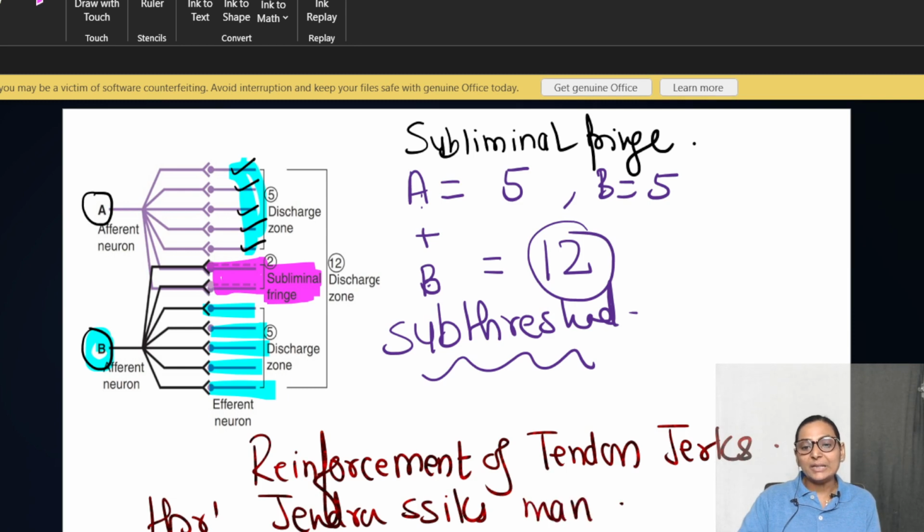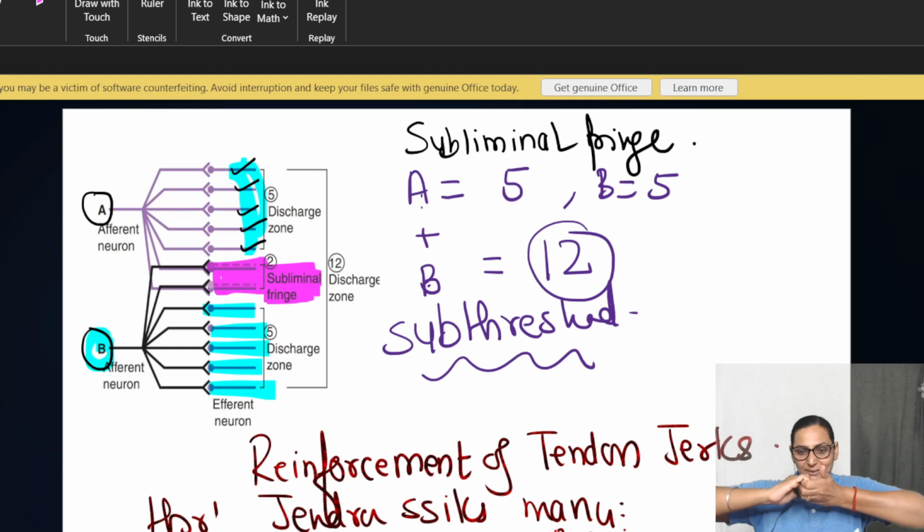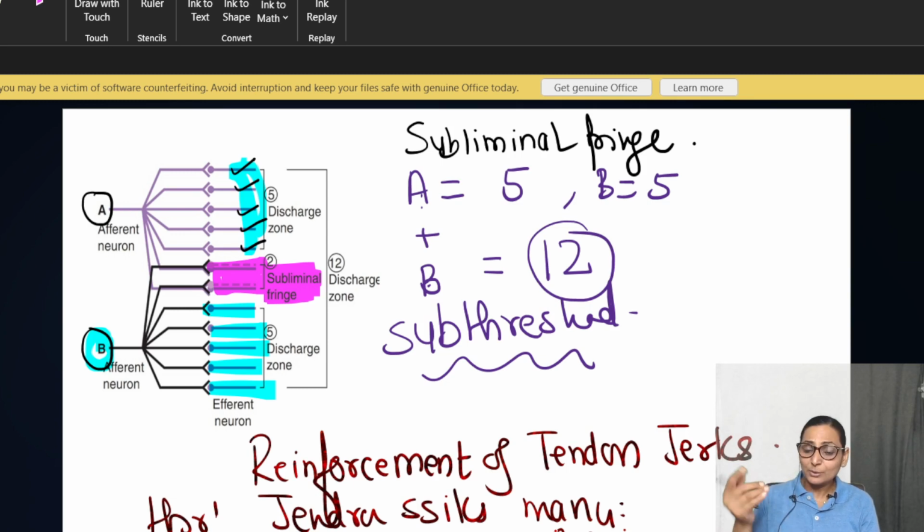When we teach you in the clinics what the Jendrassik maneuver is, you ask the subject to hold the fist and clench the teeth. You increase the rate of discharge of the gamma motor neurons so that the reflexes can be elicited. So this is a step later, but at that time I will revise it for you. That subliminal fringe is used in the reinforcement of the tendon jerks in the Jendrassik maneuver, right?